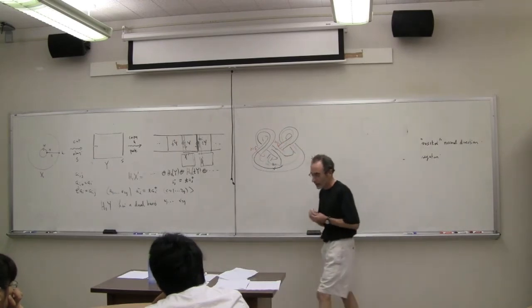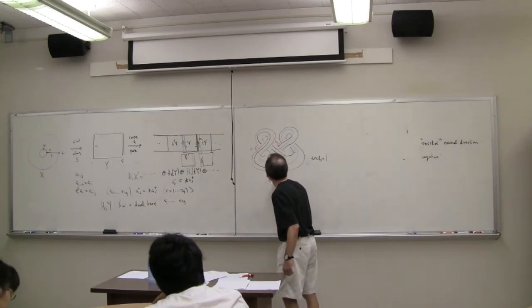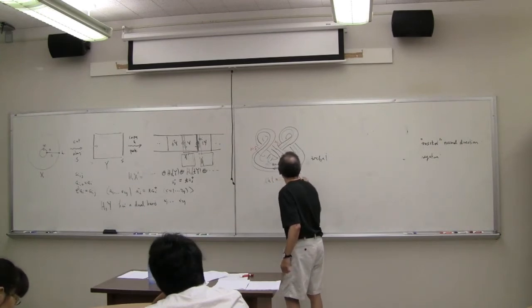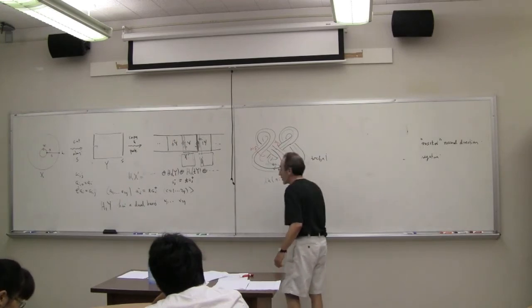So the idea here is that the linking of alpha I and AJ is delta IJ.